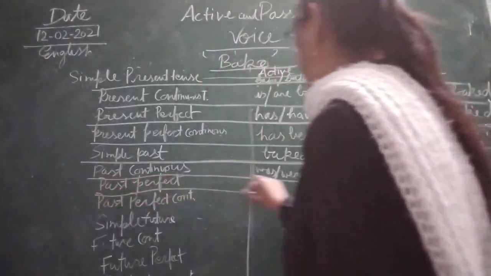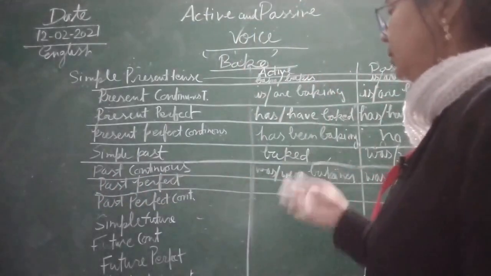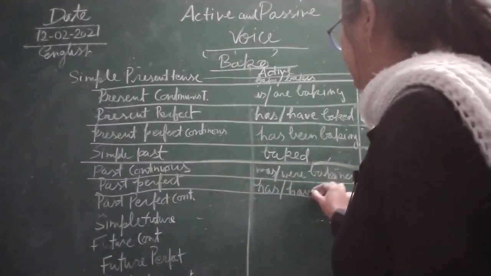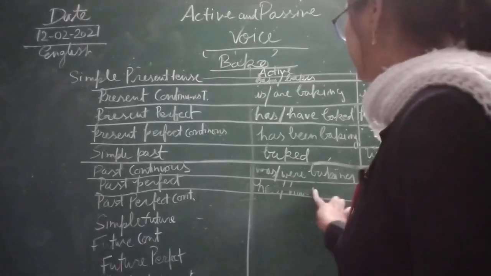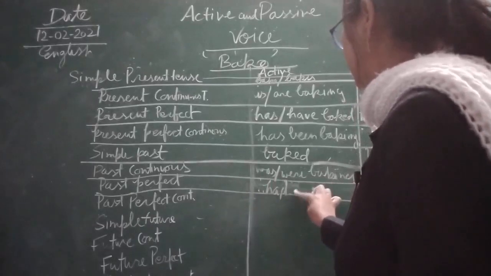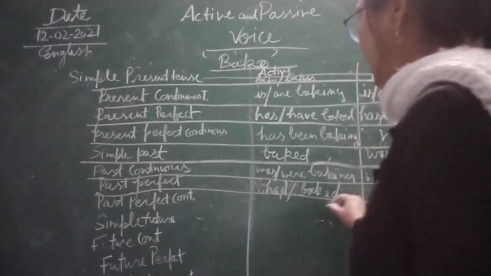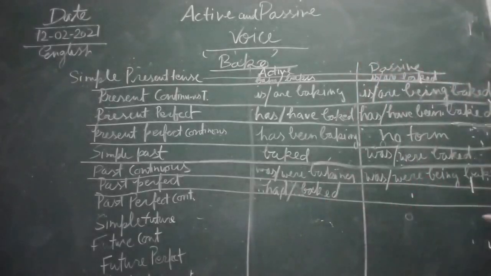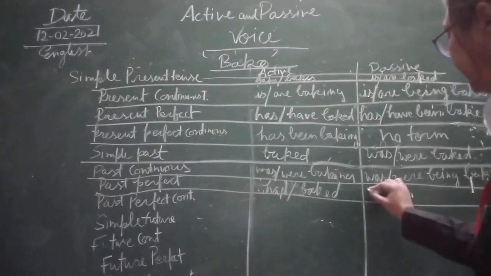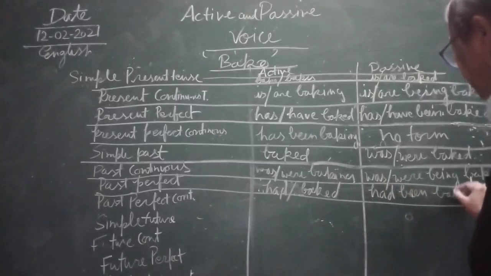Now in past perfect tense. Past perfect tense, active voice, only had will be there, had, and then the third form of the verb will be used, so had baked. Okay. Now in passive voice, had been baked.